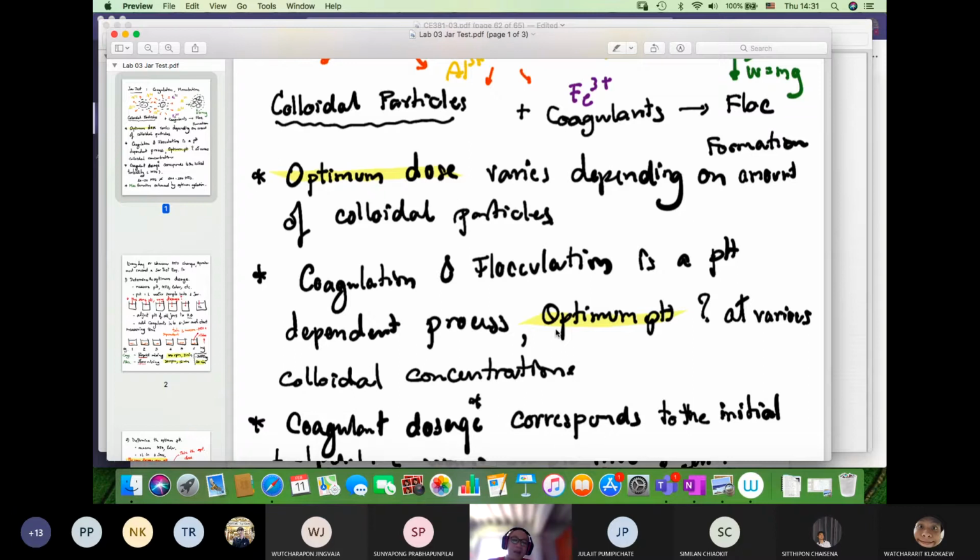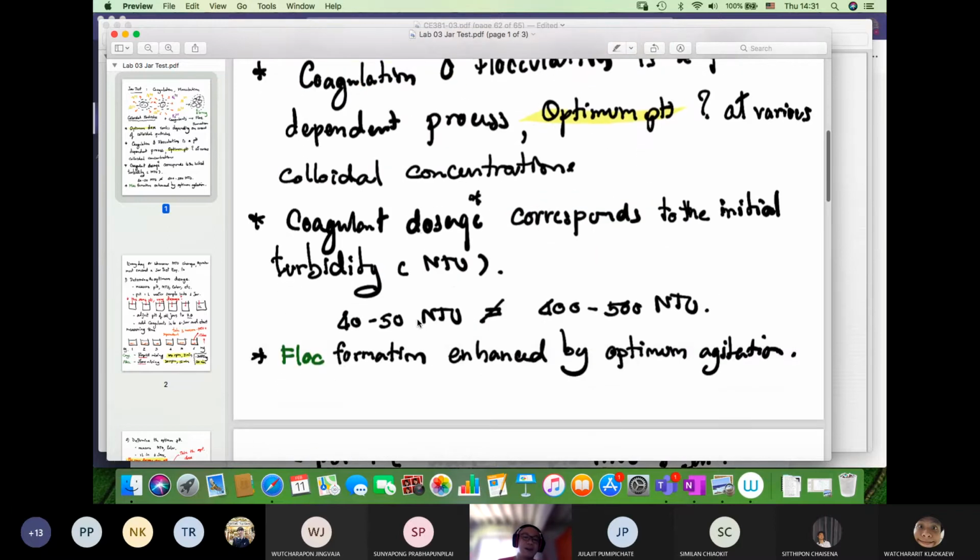On the other hand, if we want to determine the optimum pH, you have to keep other factors constant and only vary the pH in each jar. Okay, so these are the ideas of the coagulation and flocculation, or the jar test experiments, today.